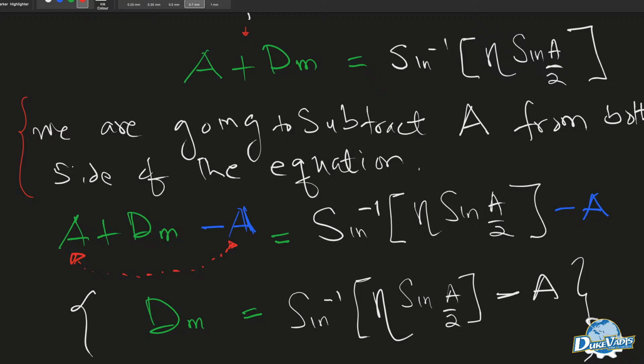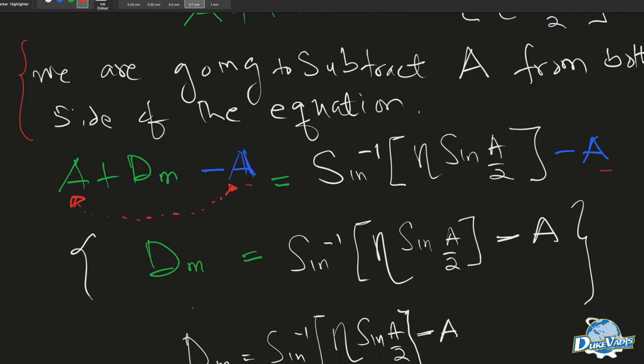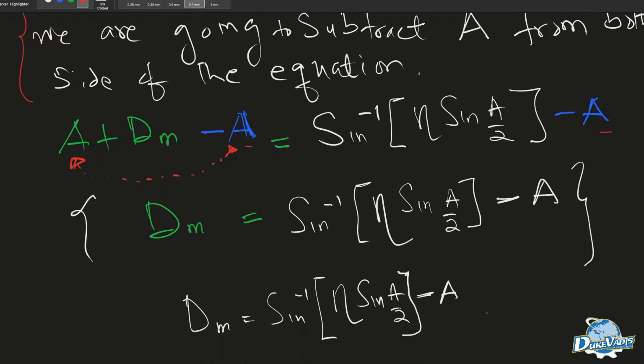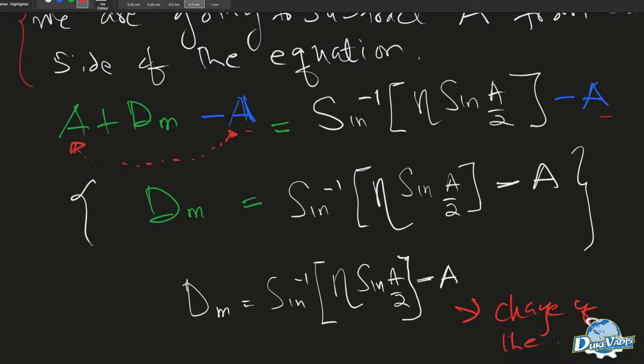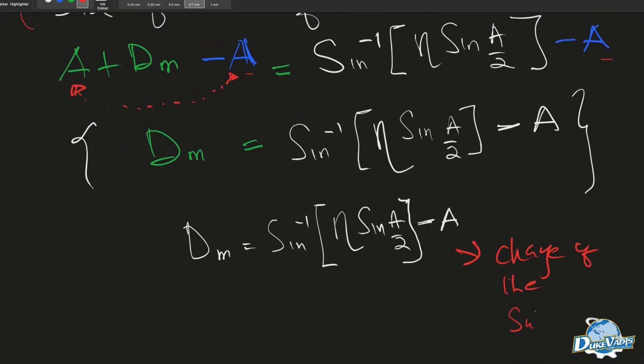We subtracted A from the left here, we subtracted A from the right, and this A here will take away the A here. So then we'll be left with what? Our D subscript M is equal to sine inverse of the whole expression as we subtracted the A. So hence, the change of subject we expected to do. So this is a change of the subject.